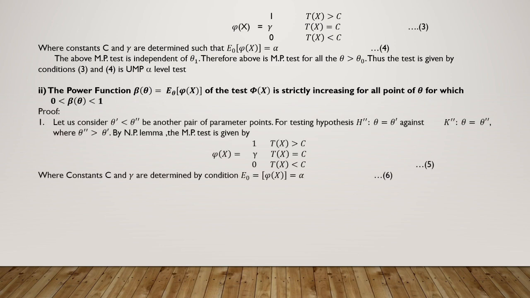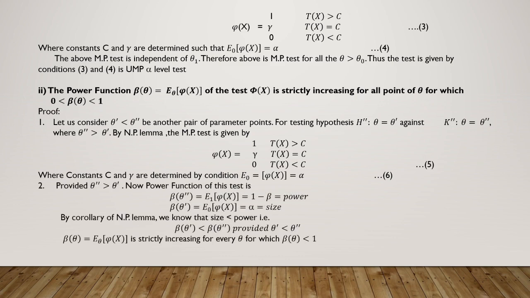Now let us consider theta dash less than theta double dash as another pair of parameter points, for testing hypothesis H double dash: theta equal to theta dash against hypothesis K double dash: theta equal to theta double dash, where theta double dash is greater than theta dash. Similarly, by the NP lemma, the most powerful test is given by phi of x equal to 1, gamma and 0 under the conditions T of x greater than, equal to, and less than c.